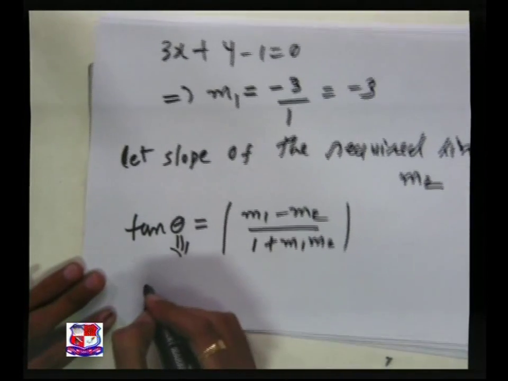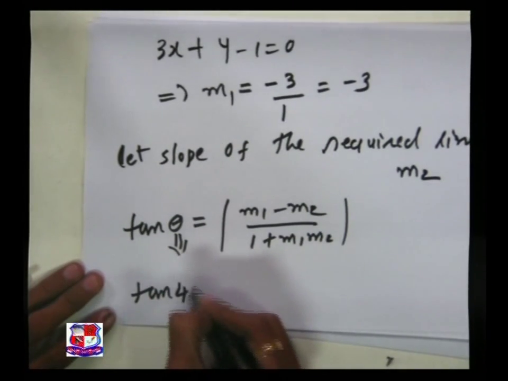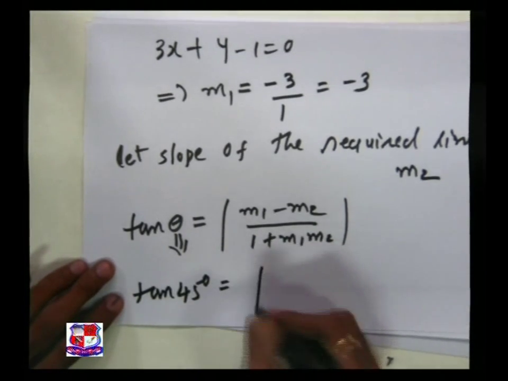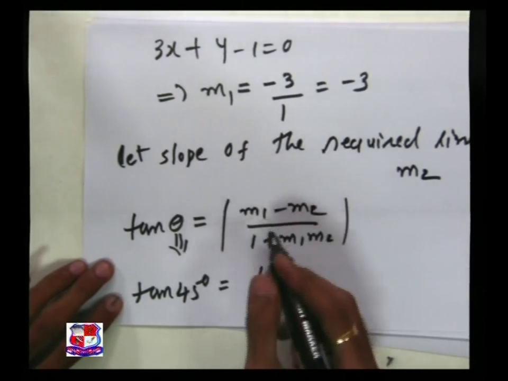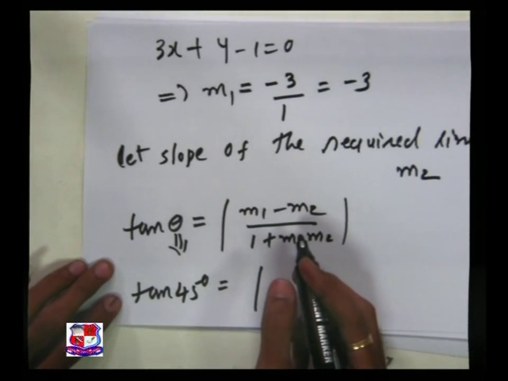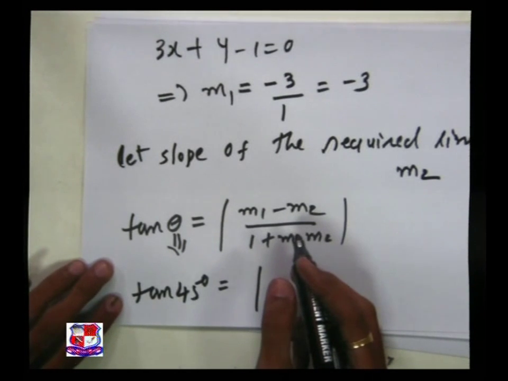So this implies tan 45 degrees is equal to modulus of (m1 minus m2) upon (1 plus m1 into m2), where m1 is equal to minus 3.